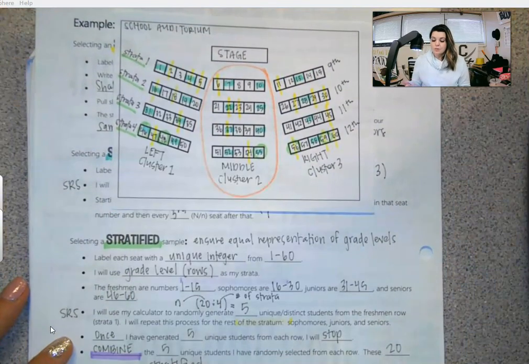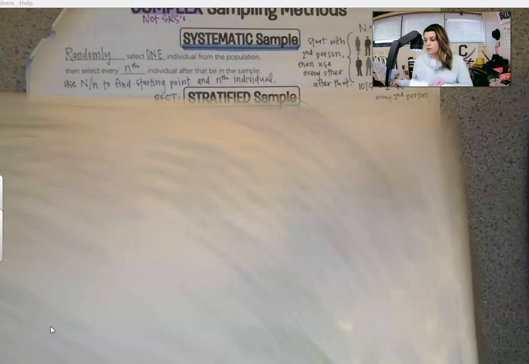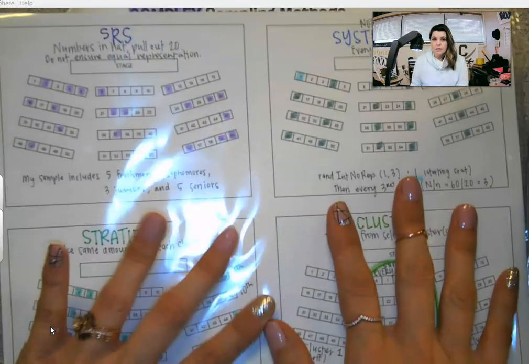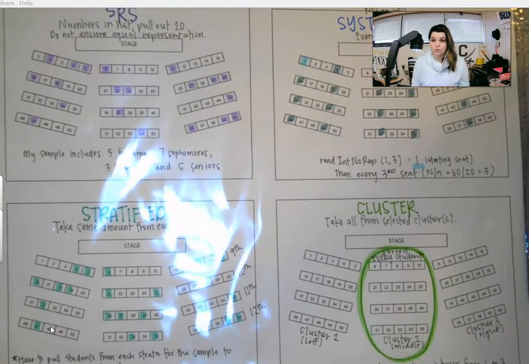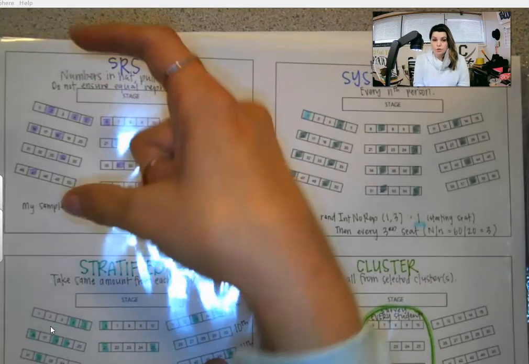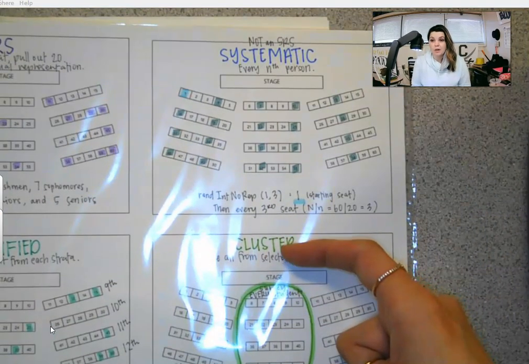As I was getting toward the end, I realized that this probably would have been much more beneficial to you if I would have split these out and had you actually carry out the sample. Just like we did in class for choosing students from a random digit table and using technology, and even me drawing the names for the candy, I should have given you your own auditorium for each sample and had you actually carry out the sample.